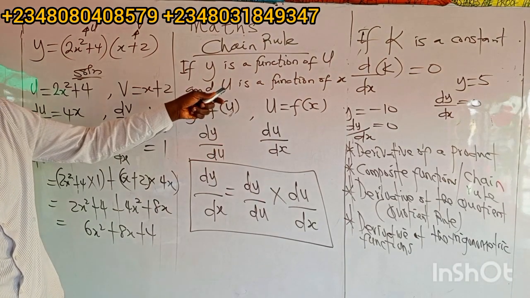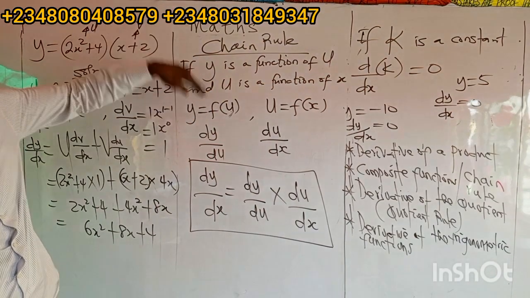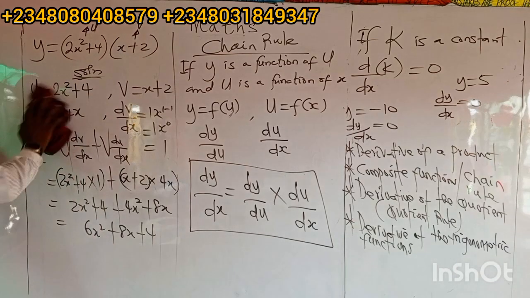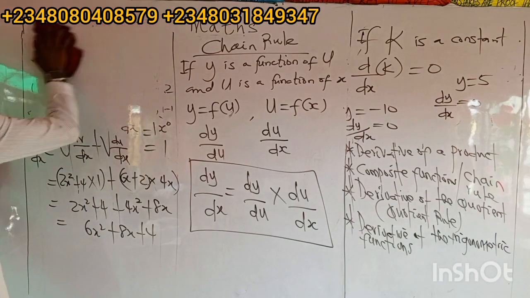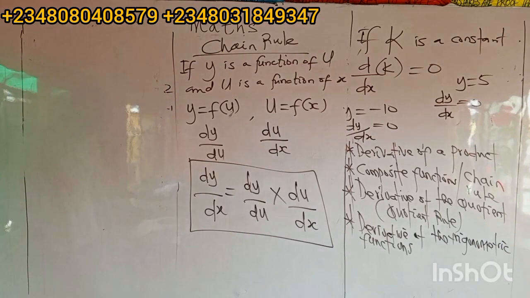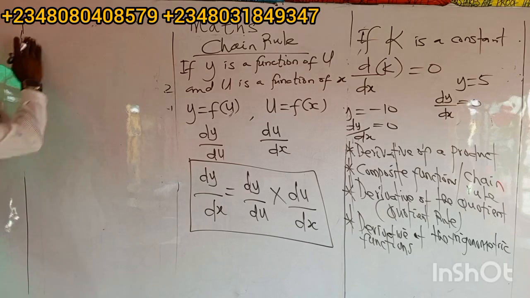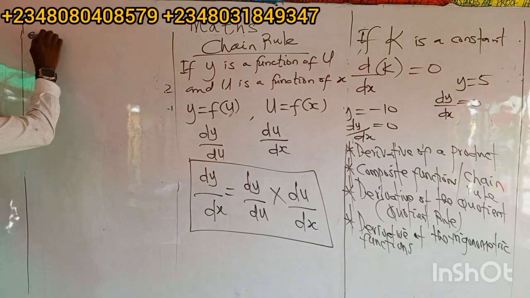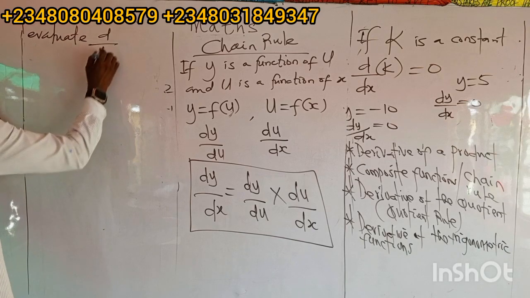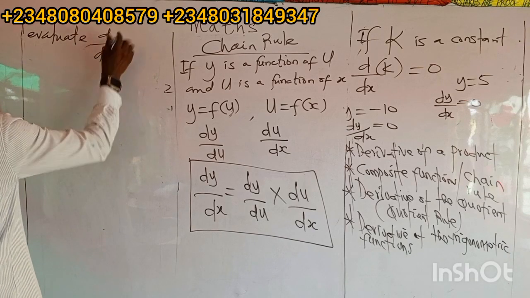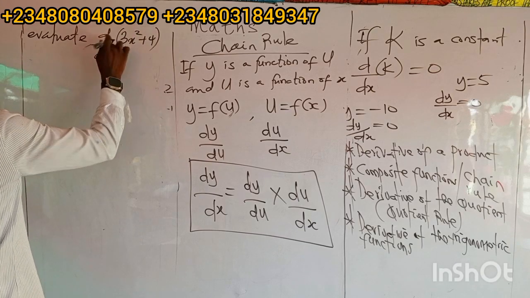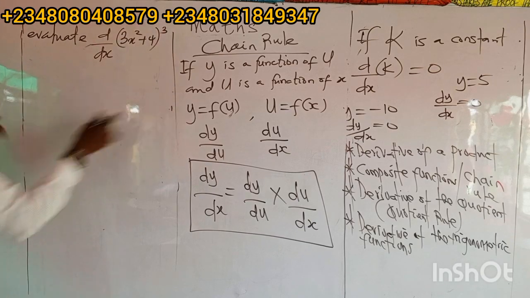How do you know that something is a function of a function? You see it in this form. If you have something like this: evaluate d/dx of (3x squared plus 4) raised to power 3.